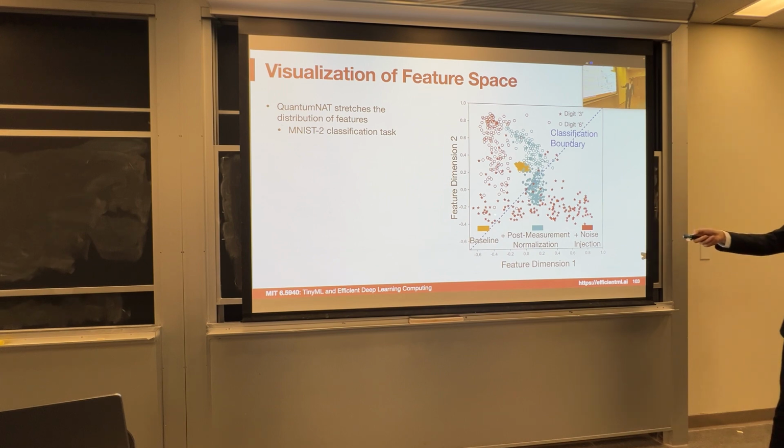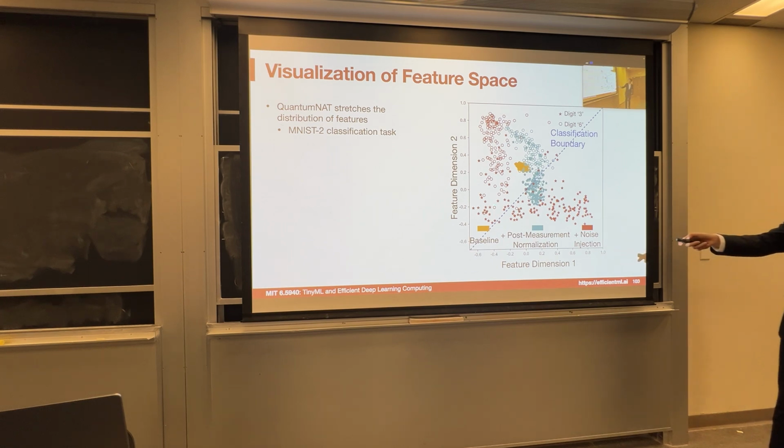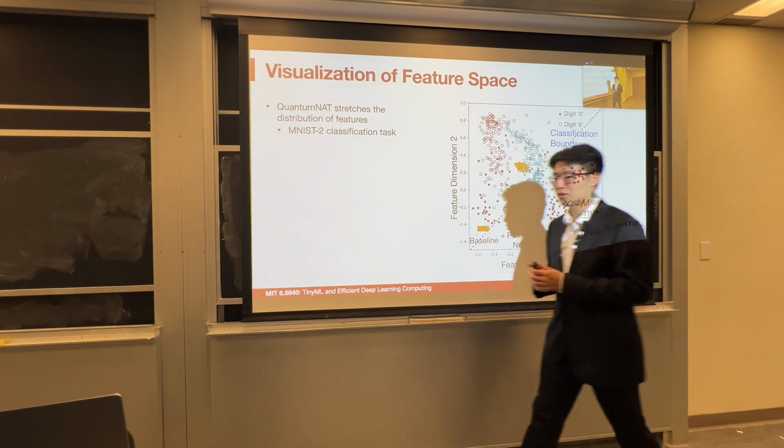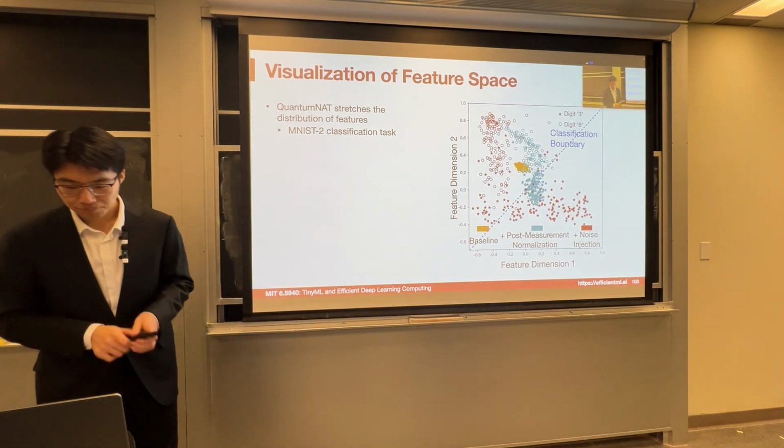Most of the circles are classified correctly, because maybe only one is not. For the stars, most of them are still on the correct side, and some of them are misclassified, but it's much smaller compared with the previous two distributions. So that visually shows the effectiveness of our techniques.